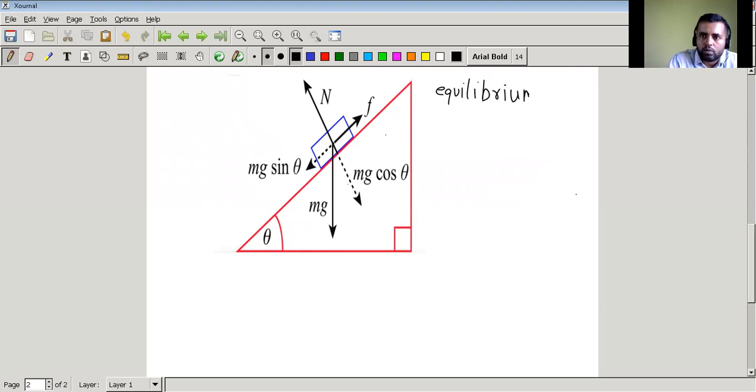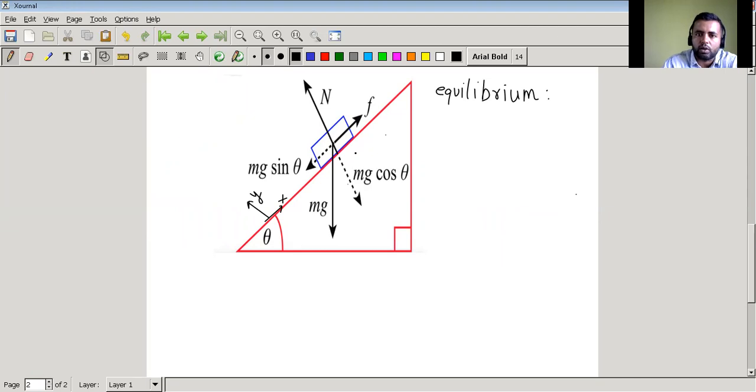Now let us say that we are selecting this to be our x-axis and this to be our y-axis. Right. So parallel to the incline is our x-axis, and perpendicular to the incline is our y-axis. So let's say this is x and perpendicular is y.